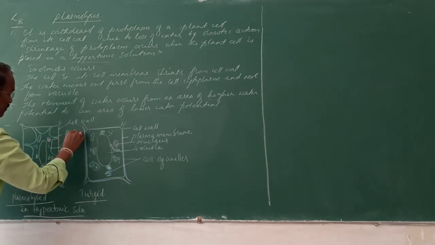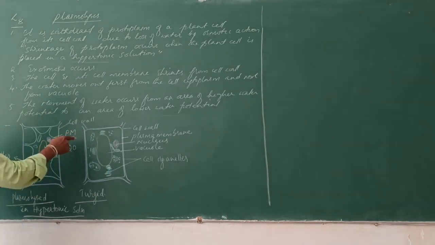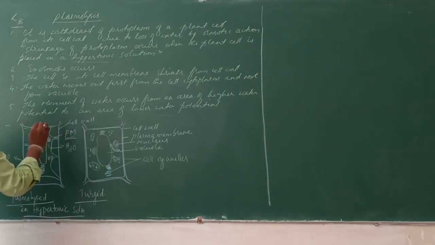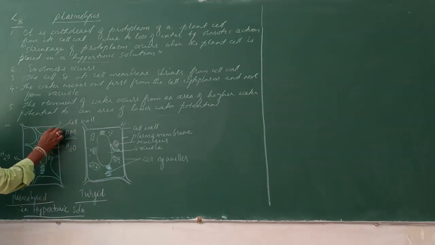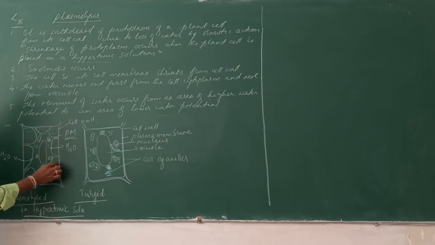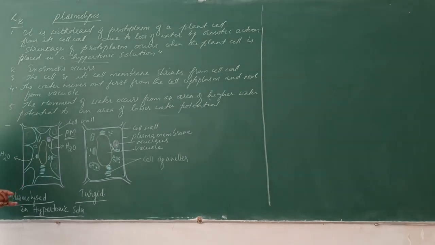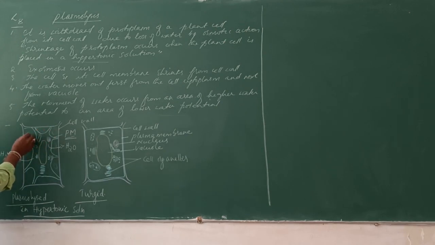PM, that is plasma membrane. Here there is no space. And in this region there is a gap. What is present in that region? Air or any other solution? It is filled with hypertonic solution.